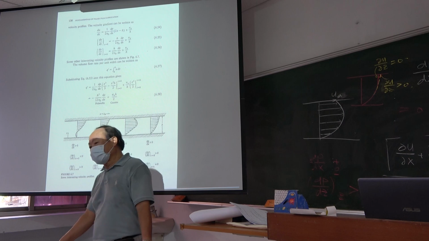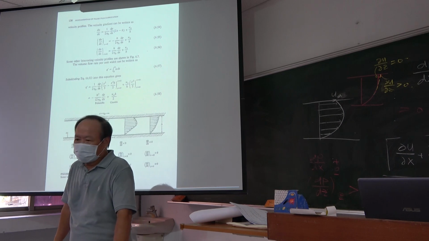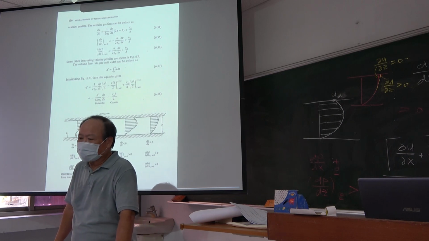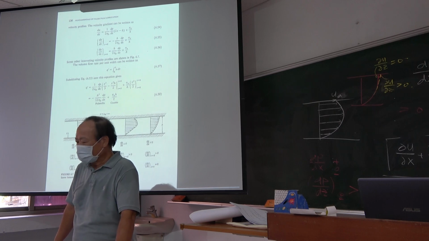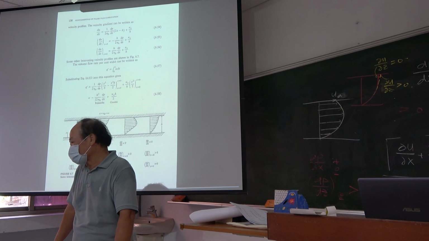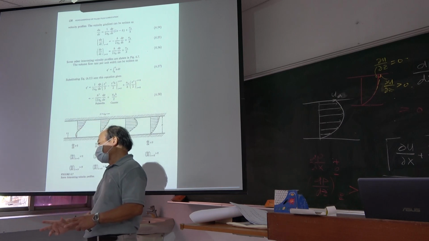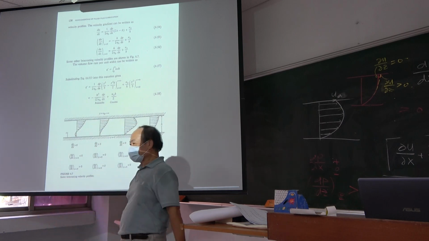We need the pressure and the film thickness distribution. These are the two parameters we need. So we try to change the equation of motion to be the Reynolds equation in chapter 7.